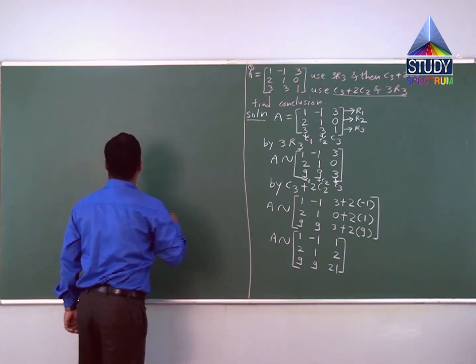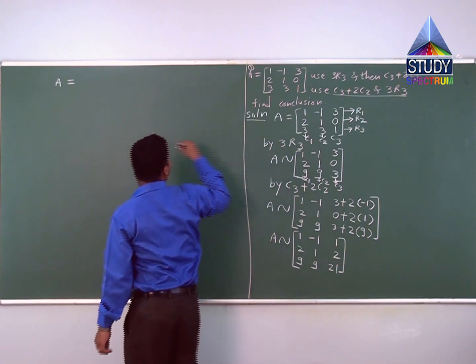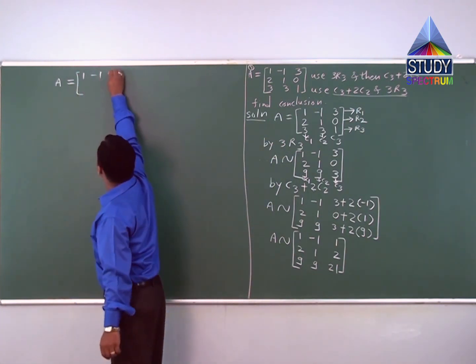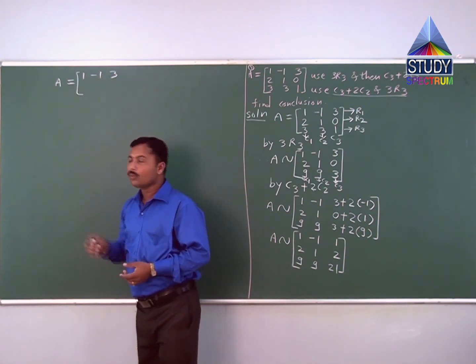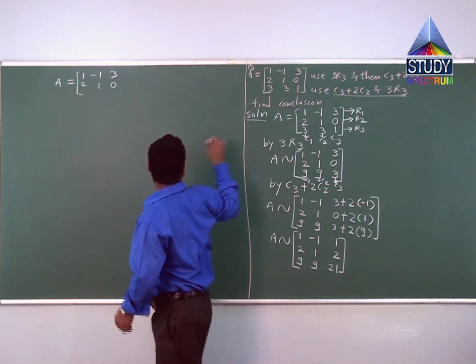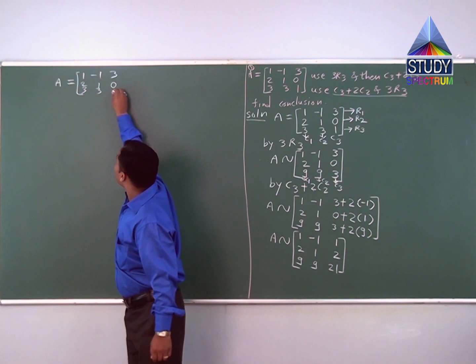So our given matrix is A equal to 1 minus 1 3, this is the first row. Second row 2 1 0. Third row 3 3 1.